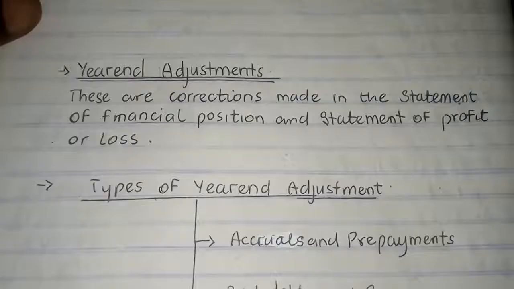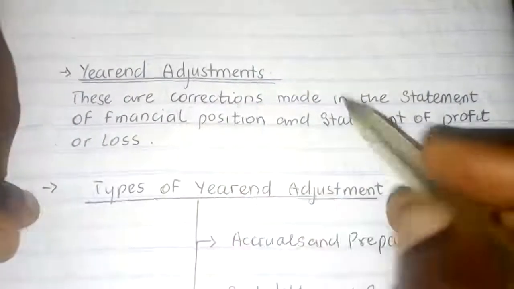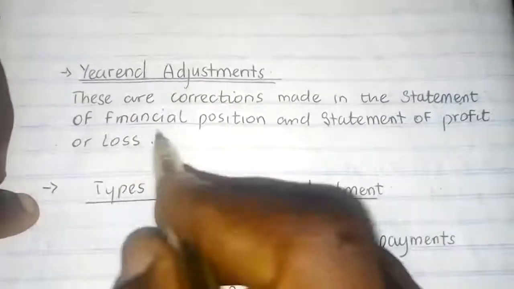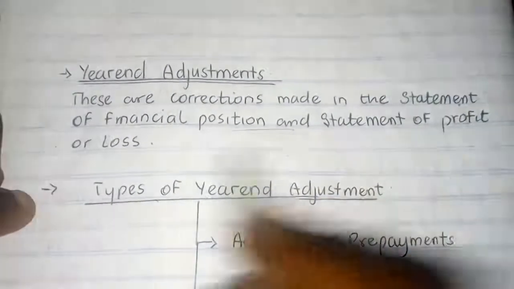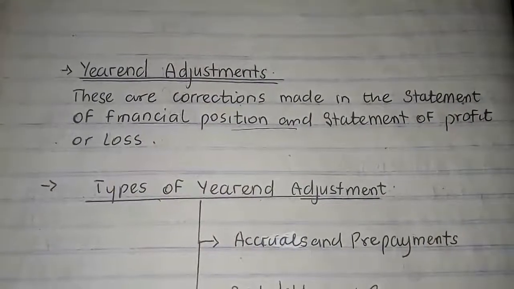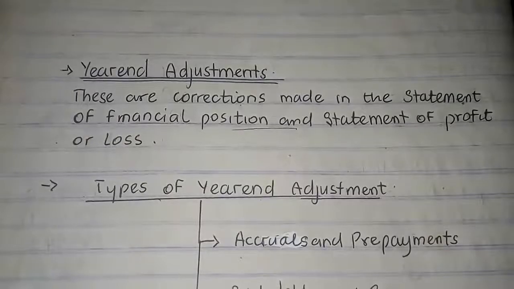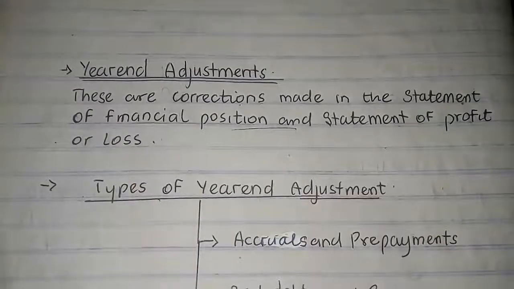That's the question. They are corrections made in the statement of financial position and statement of profit or loss. That is year-end adjustments. They are simply corrections. Write it down.